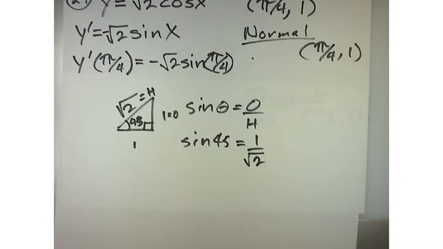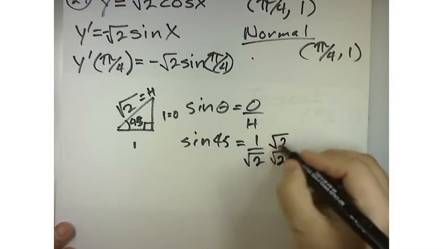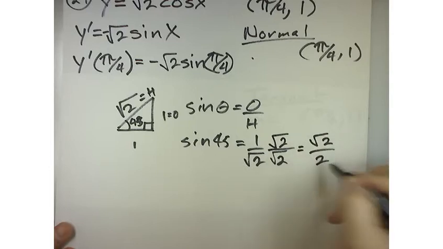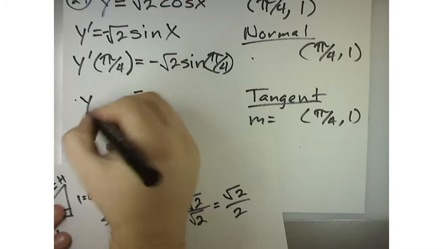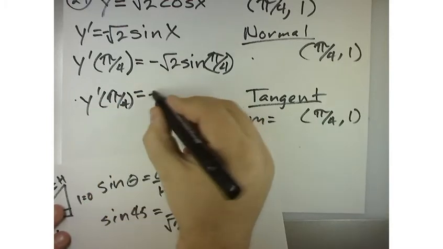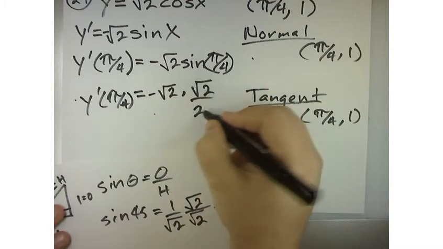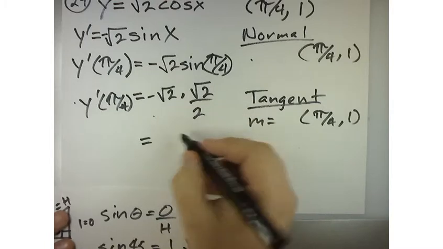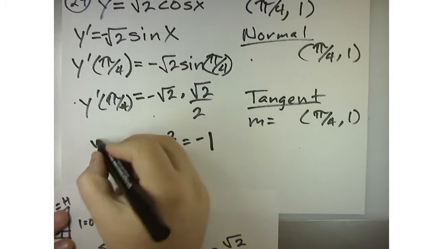No. So we rationalize the denominator by multiplying the top and bottom by the square root of 2. That equals root 2 over 2. So sine of 45 is root 2 over 2. So y prime evaluated at pi over 4 is negative root 2 times the quantity root 2 over 2. Root 2 times root 2 is root 2 squared, so you're left with the base. So I get negative 2 over 2, or negative 1.